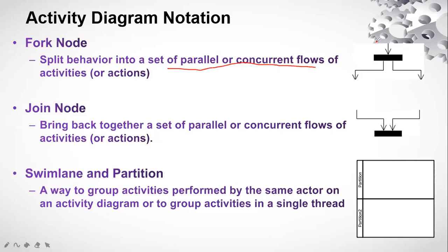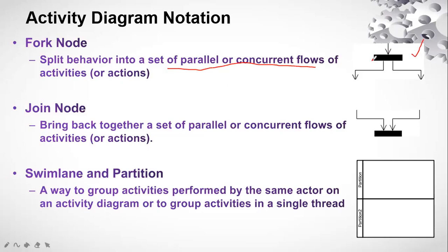If I have an online order, there are two actions. After the order is placed, one is to fill the order, and parallelly you have to generate the invoice. So fill the order and generate the invoice are the two parallel activities which are going to flow in a concurrent way, right?